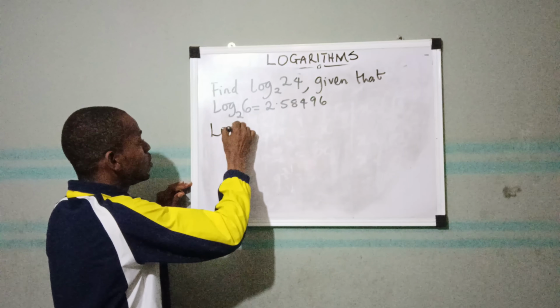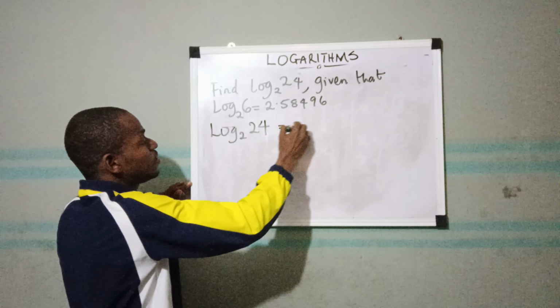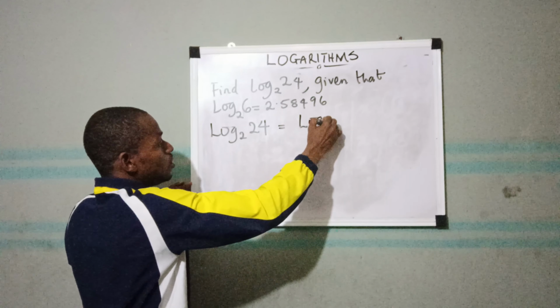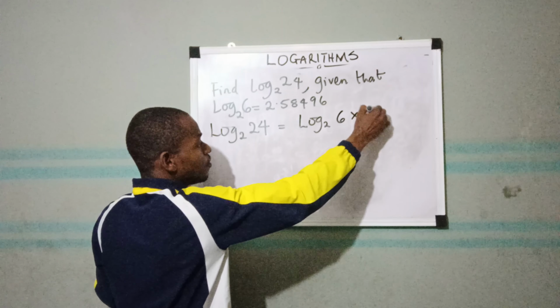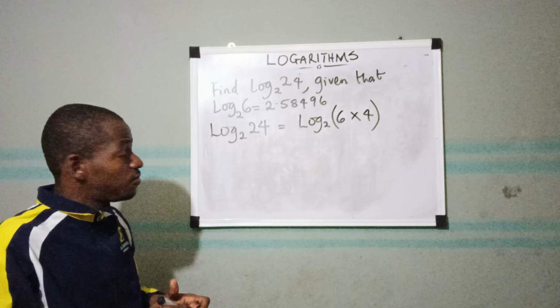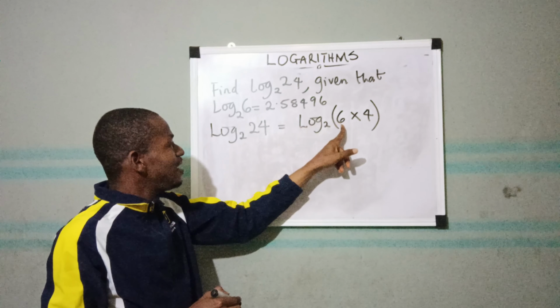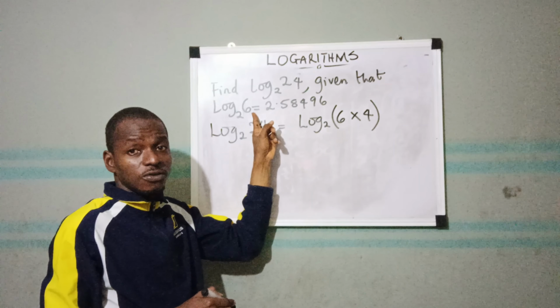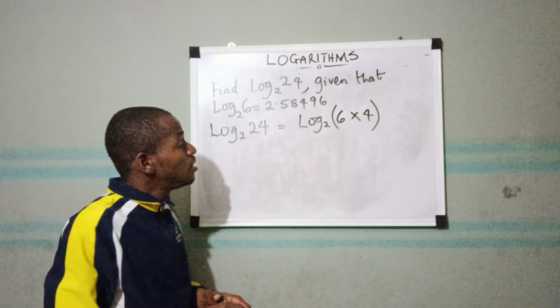So log 24 base 2 is the same thing as writing the logarithm of 6 times 4 base 2, because 4 times 6 will give me 24. Since I already have my 6, logarithm of 6 base 2, I can work with that.